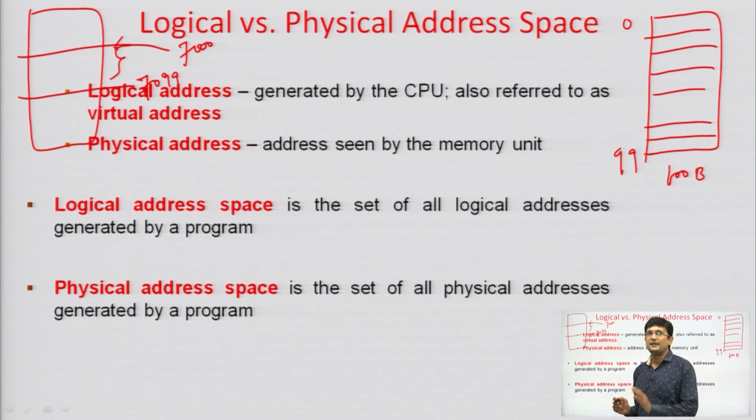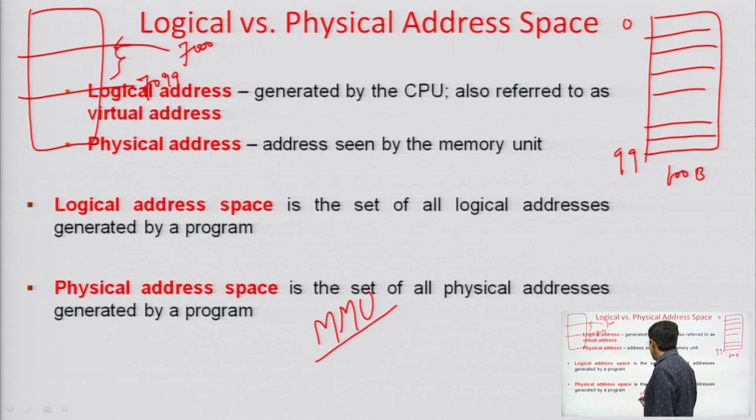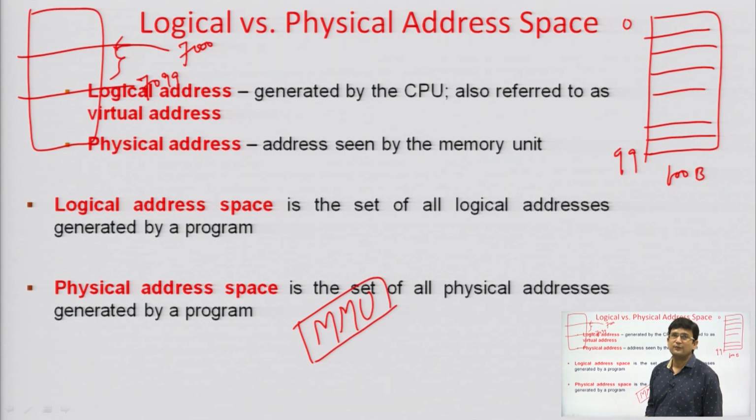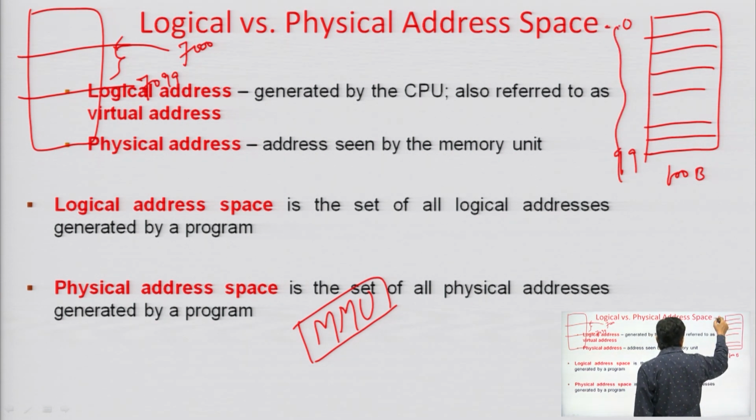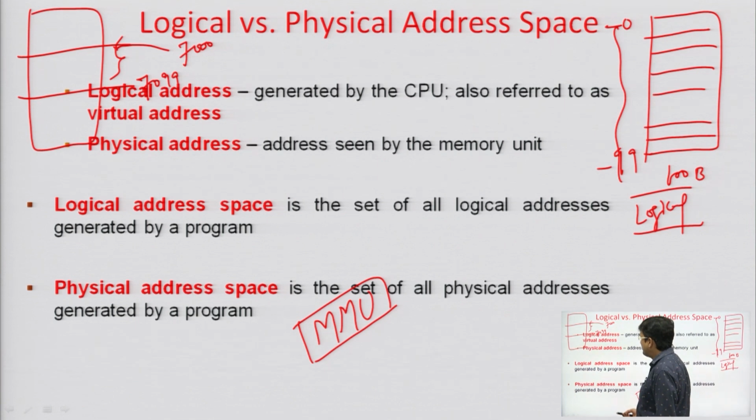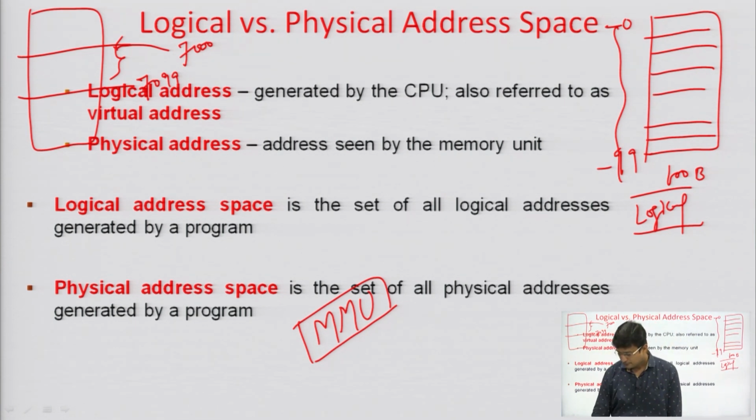So, every logical address has an equivalent physical address, and there is a unit of the operating system known as MMU, memory management unit, that maps the logical address to the physical address. Now, the set of all the addresses from 0 to 99 is known as the logical address space, and the set of all the physical addresses will be the physical address space.